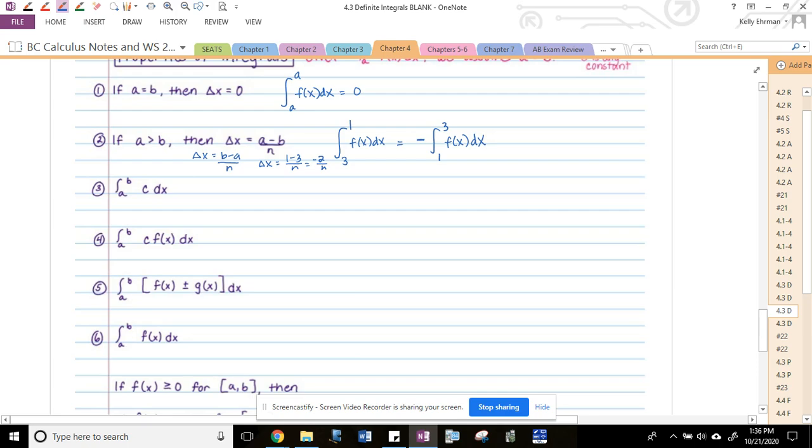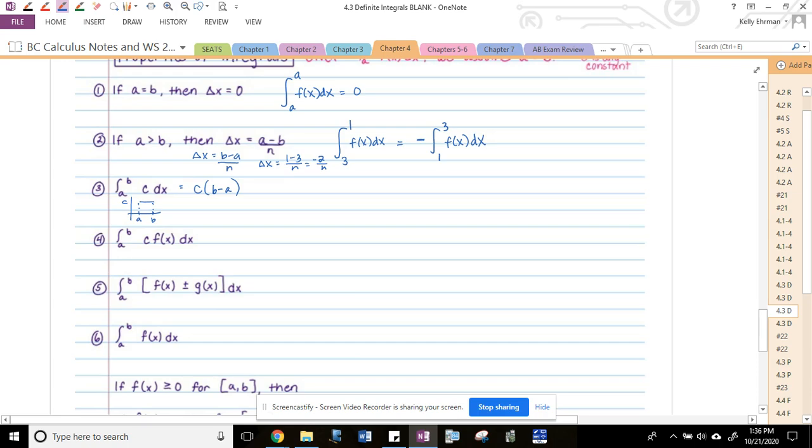All right, let's think about this next one. We had this in one of our examples where our constant was 4. If you have the area from a to b of any constant function, the area is going to be the distance between a and b times the value of c. So it's going to equal c times b minus a.